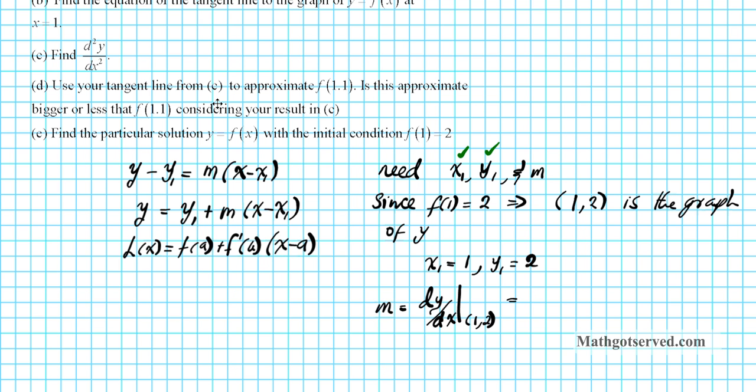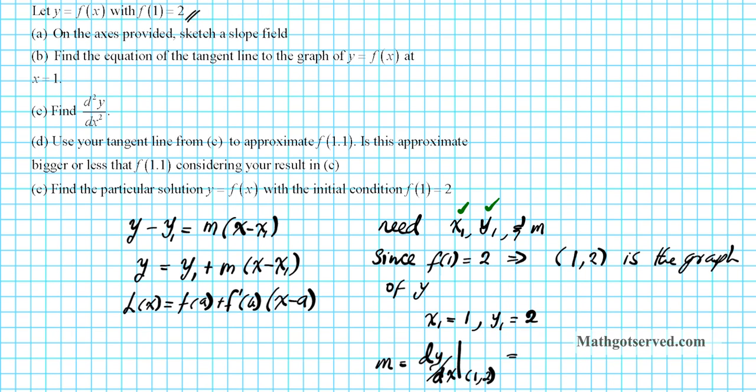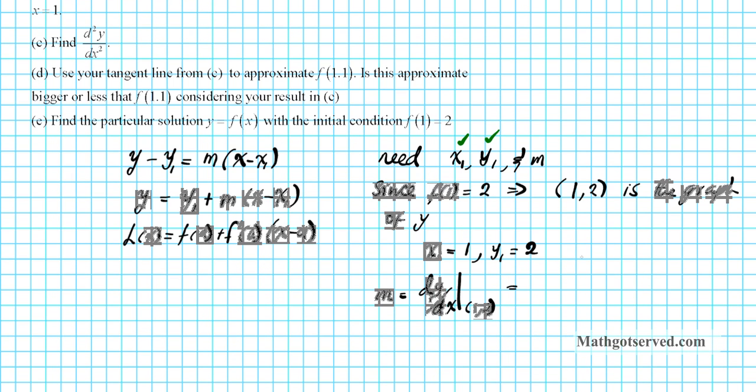So all we just do is evaluate the differential equation at (1, 2), okay? So we know that dy/dx is equal to (y plus 1) over x squared.